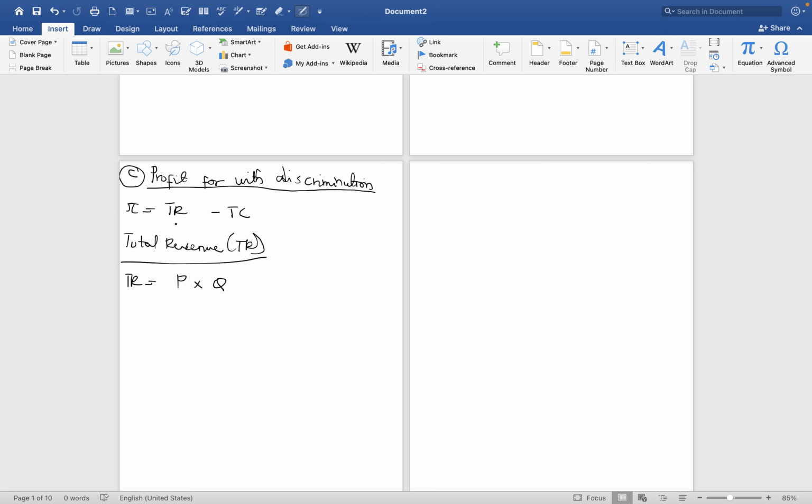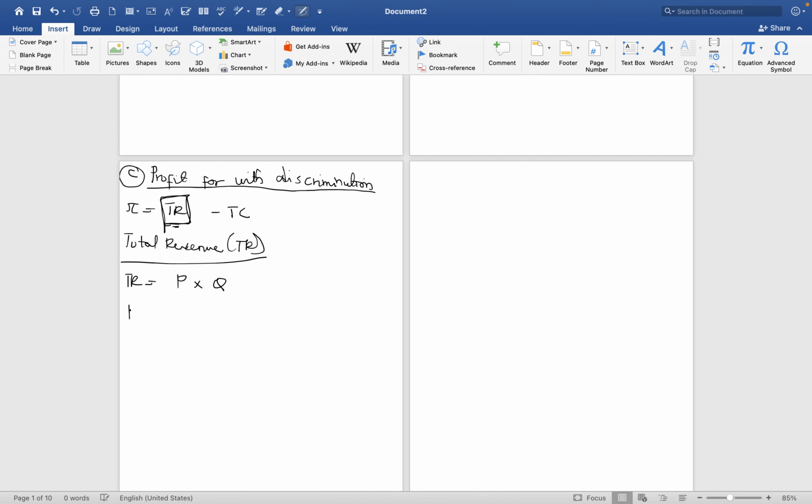But per the formula here, it's just total revenue. We don't have total revenue 1 and total revenue 2 here. So we have to merge the two total revenue functions together as just one single total revenue, so that we will be able to substitute it into this profit function.